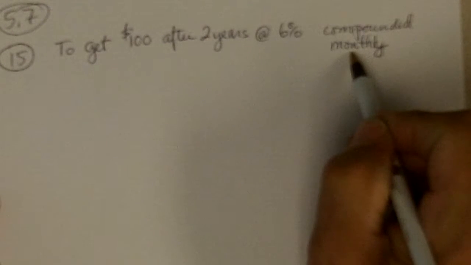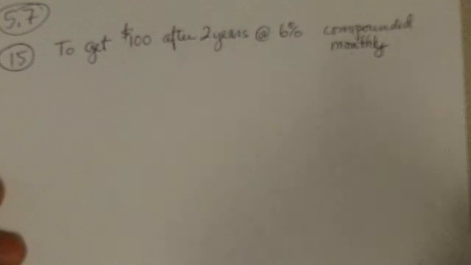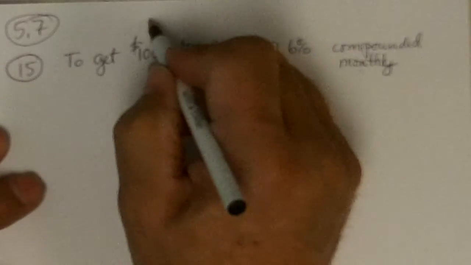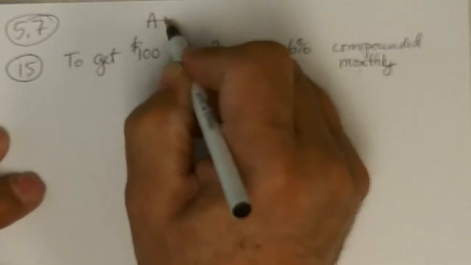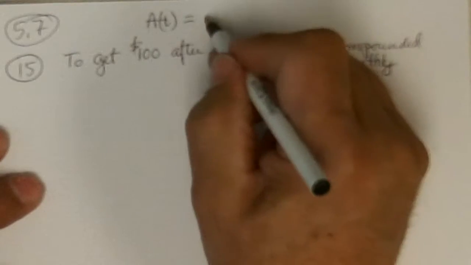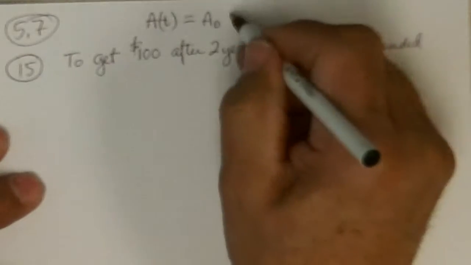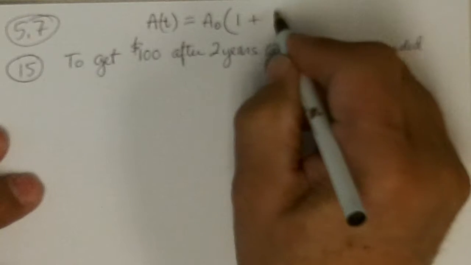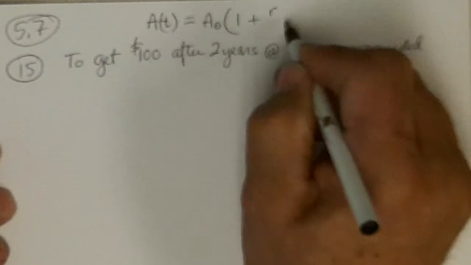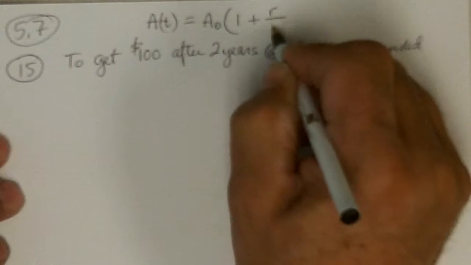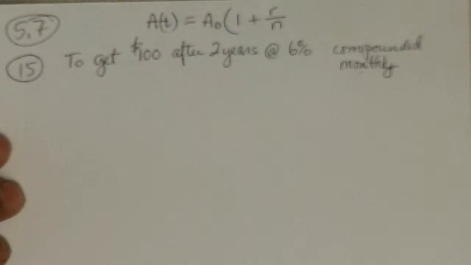Now, if you're compounding monthly or quarterly or whatever, the amount of money you have after some time is equal to the amount of money you start with. And then the formula says 1 plus the interest rate in decimal over the number of times you get the interest in a year.